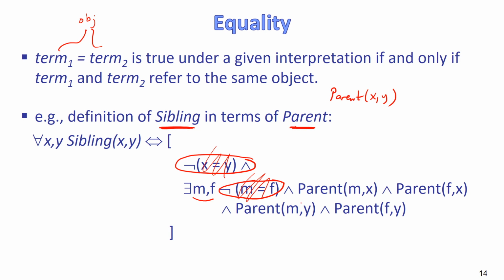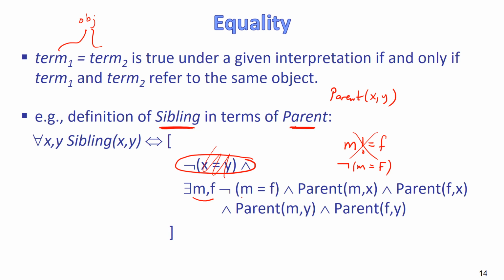So to enforce the fact that they have to be two different parents, which means mother and father, we have to say that M is not equal to F. In first order logic, we don't say it that way, we don't use this. We say not (M equals F).